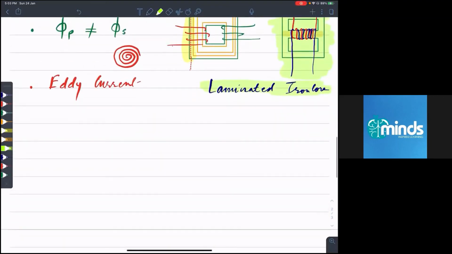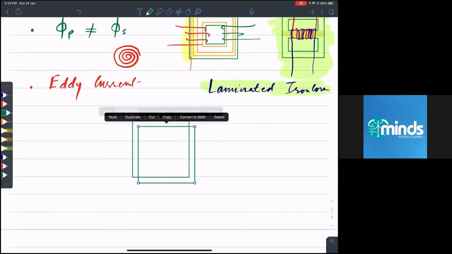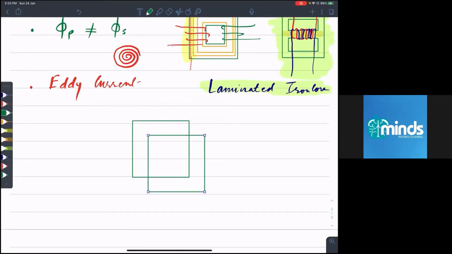Now, what is a laminated iron core? The core is three-dimensional. Let me draw it first, then I will explain. What we will do is divide this core into a number of slices.